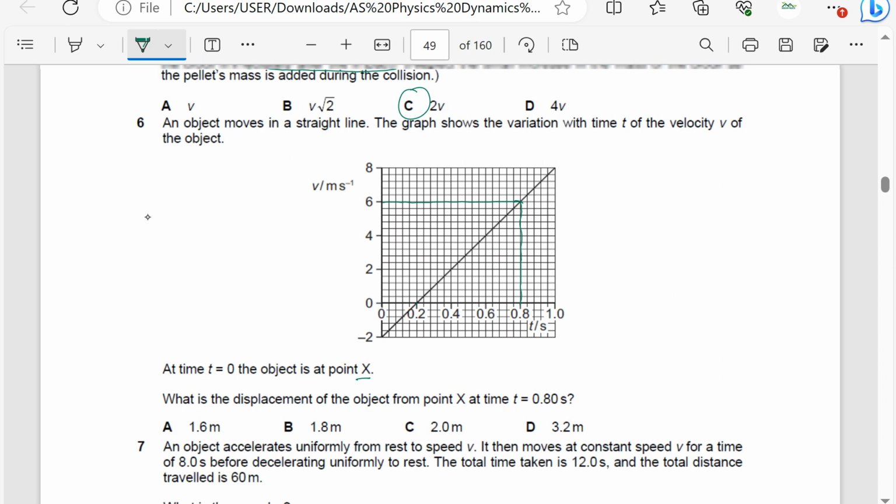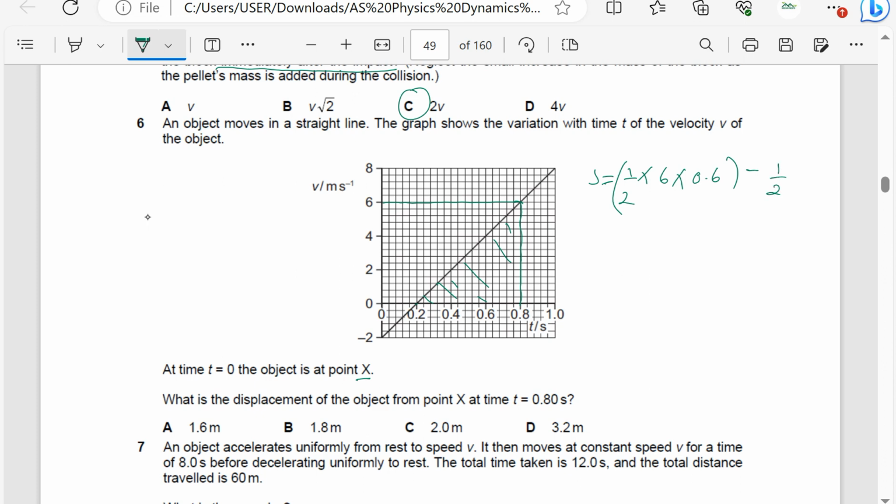So the displacement in one direction is going to be the area under the graph. So that is a half times, this is 6 minus 0, which is 6, times, I'm finding the area of this triangle here first, then 0.8 minus 0.2, which is 0.6. That is the distance in one direction, minus the distance in the other direction, which will be a half times, I'm looking at this area here, so that is times 0.2, then times 2.